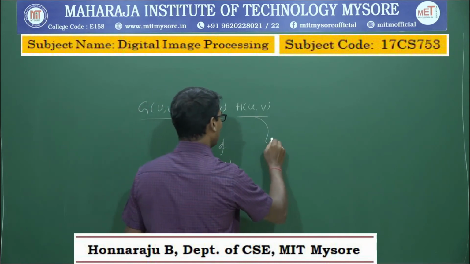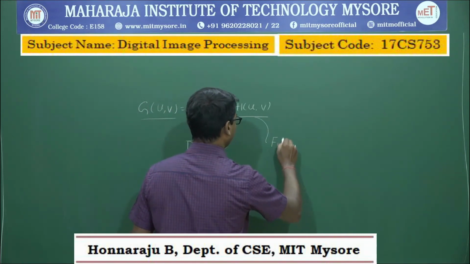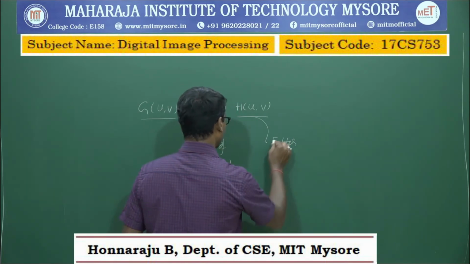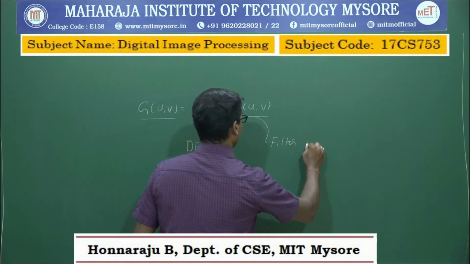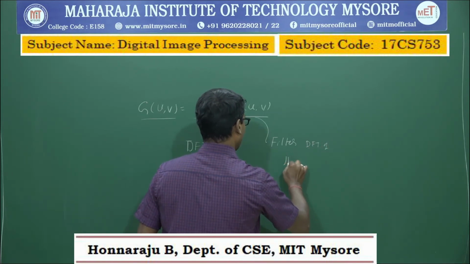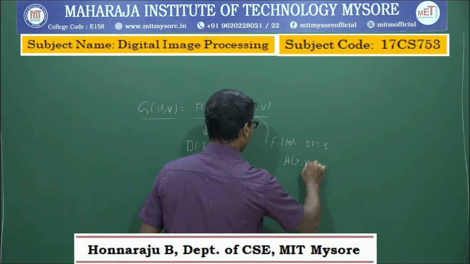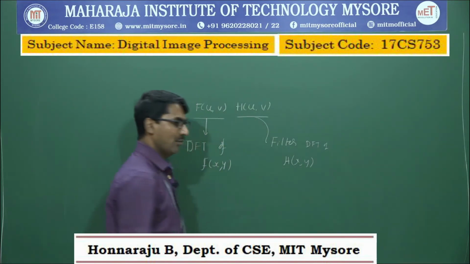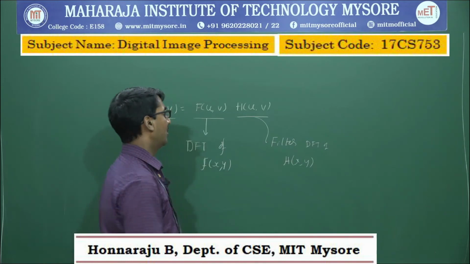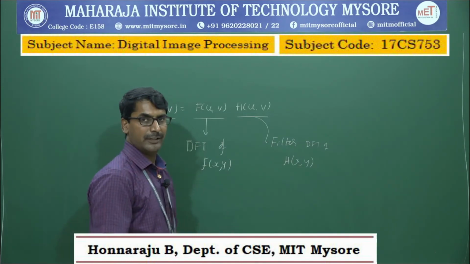Then H(u,v) is the filter, which is the discrete Fourier transformation of h(x,y). This is the model we use for performing the filtering operation in the frequency domain.